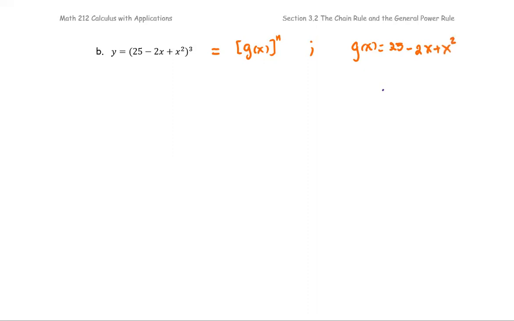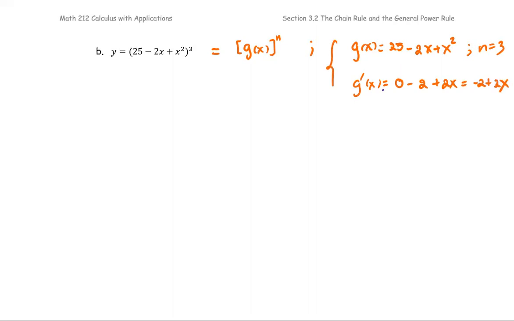And for this case, n is 3. What we need is g prime, or the derivative of g, which is 0 minus 2 plus 2x, or just negative 2 plus 2x.